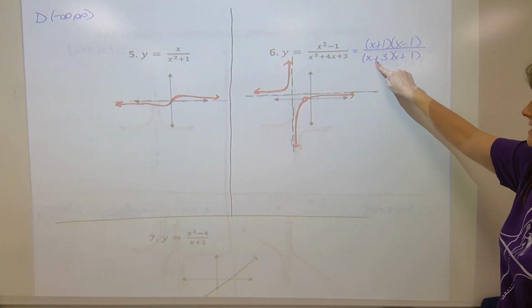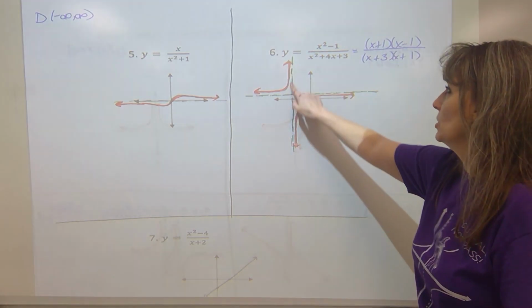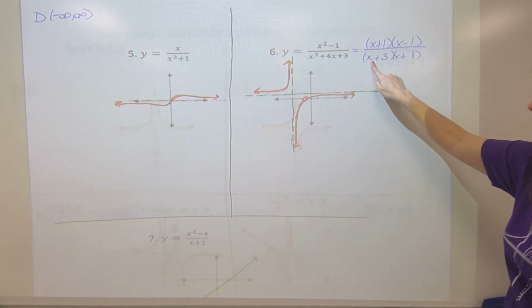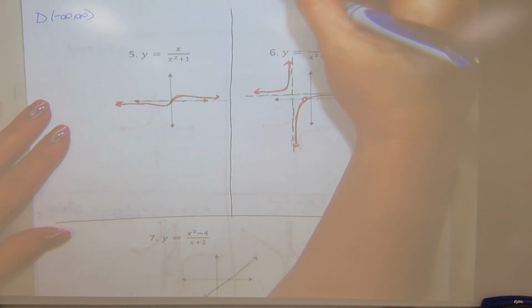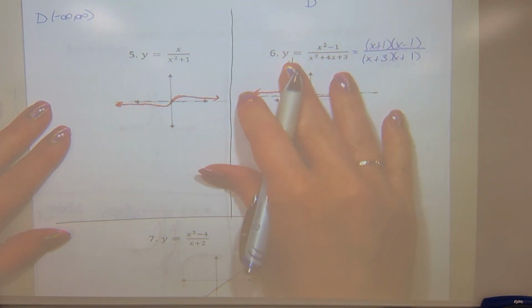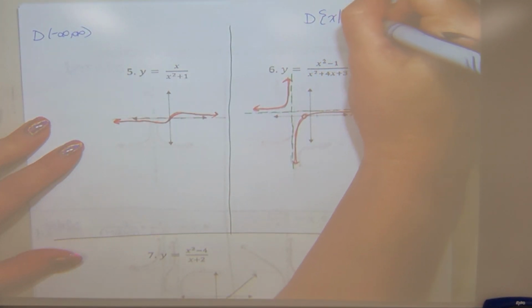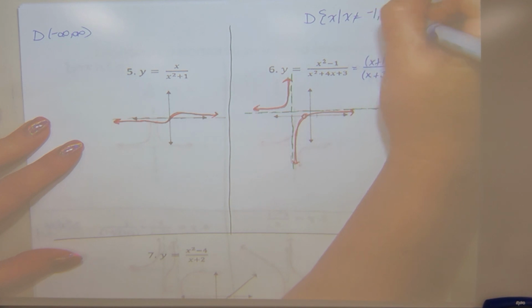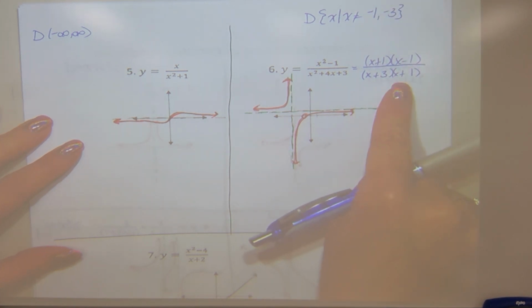It stays. It gives me the location of my vertical asymptote. If I set that equal to 0, I get that x would be negative 3. Both of those values are excluded from our domain. So our domain includes all values of x except negative 1 and negative 3, because those are the values that show up in my denominator.